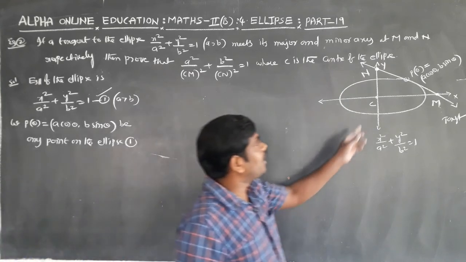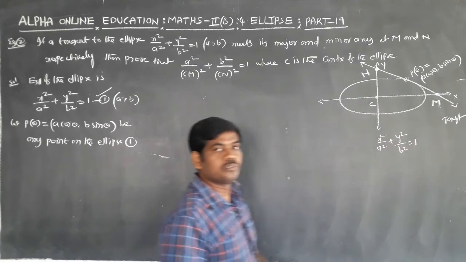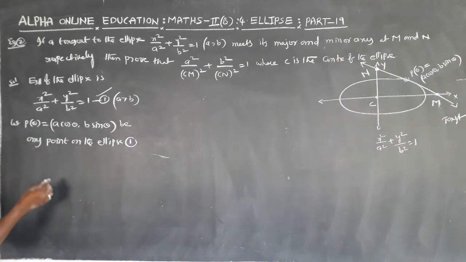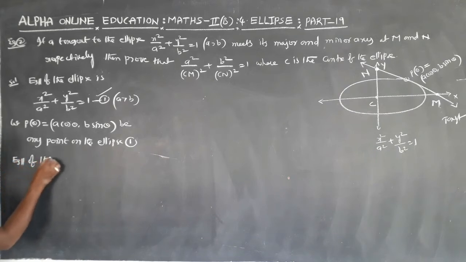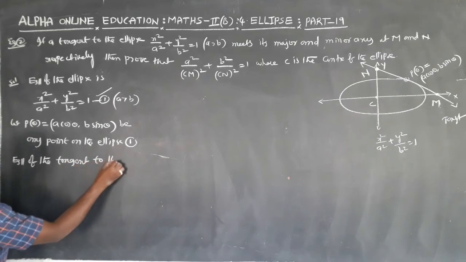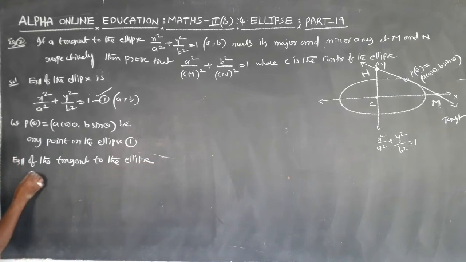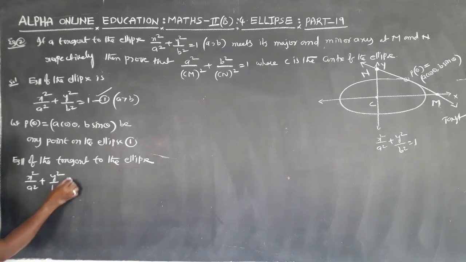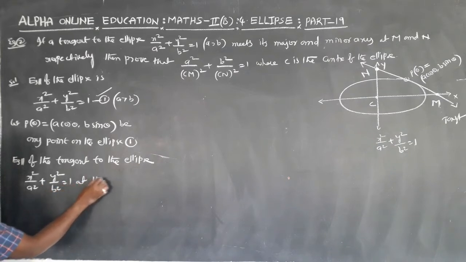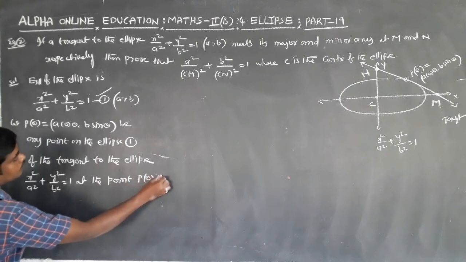First of all, find the equation of the tangent to the ellipse x square by a square plus y square by b square equal to 1 at the point P of theta.